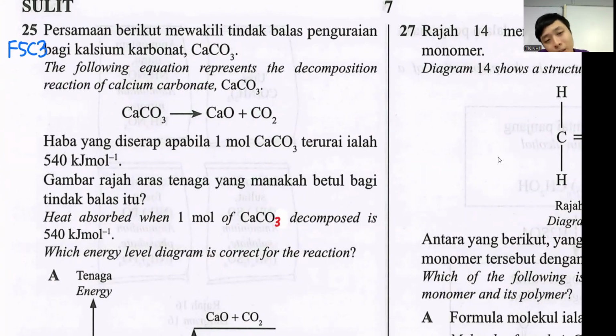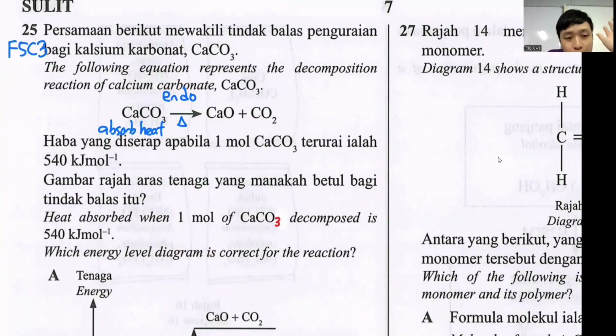Normally thermal decomposition undergoes an endothermic reaction because you have to heat this thing, then this calcium carbonate will absorb heat, then it will decompose itself and become calcium oxide residue and also carbon dioxide gas.